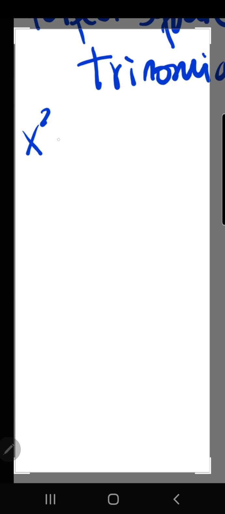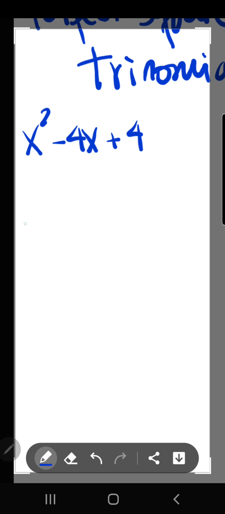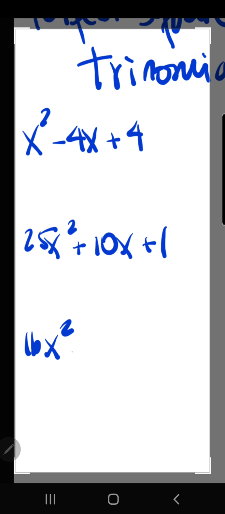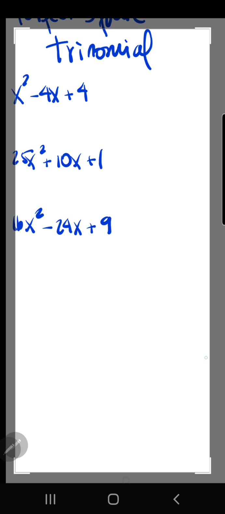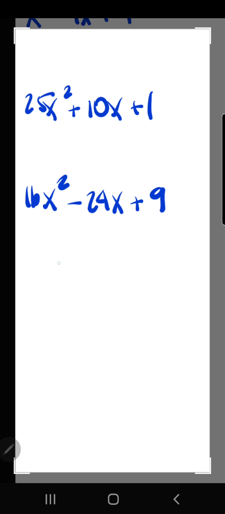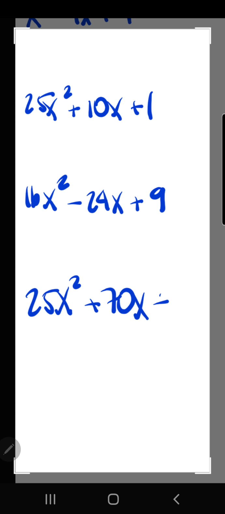So we will have the following examples: x squared minus 4x plus 4, 25x squared plus 10x plus 1, 16x squared minus 24x plus 9, and the last one will be 25x squared plus 70x plus 49.